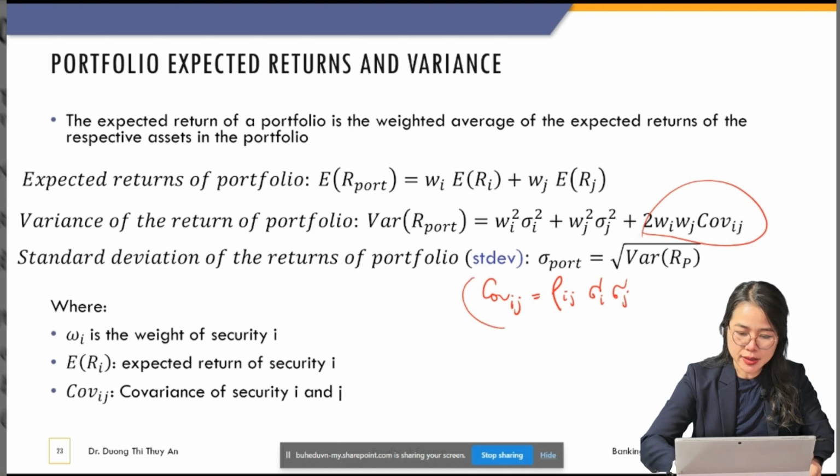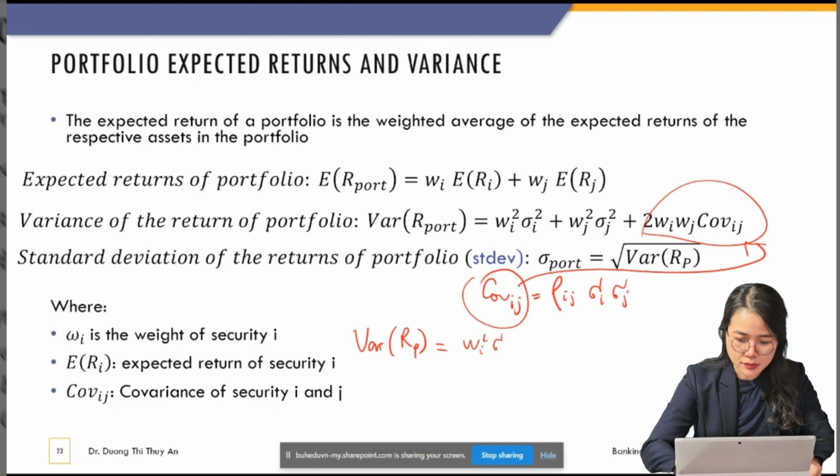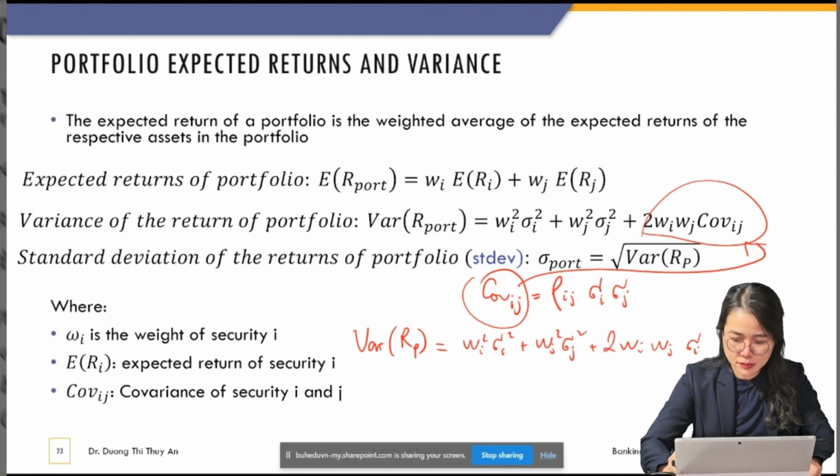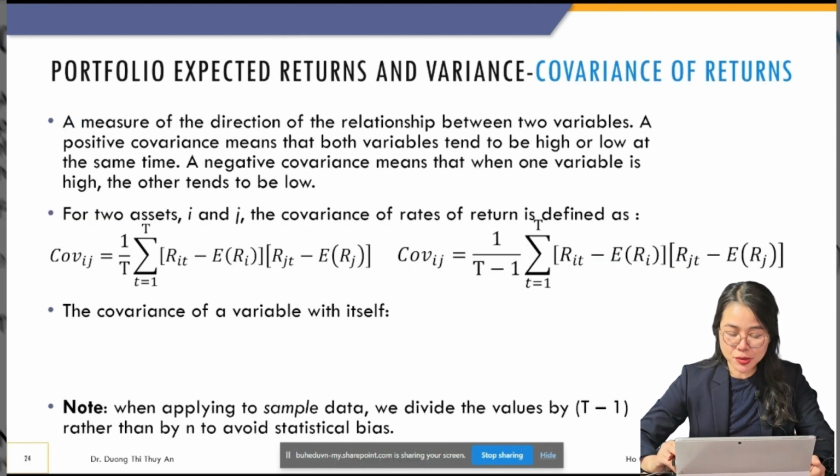I replace this one in this position, and I have the variance of the portfolio. Okay, the two formulas are the same. Now we are going to practice.